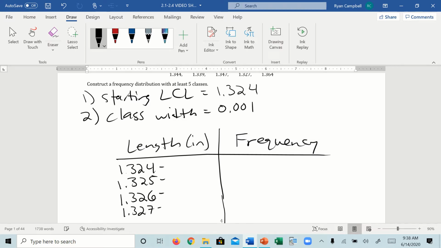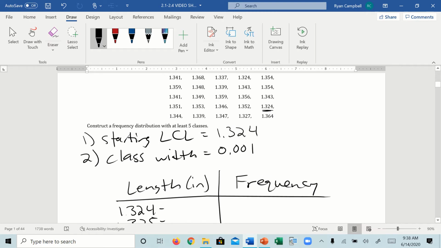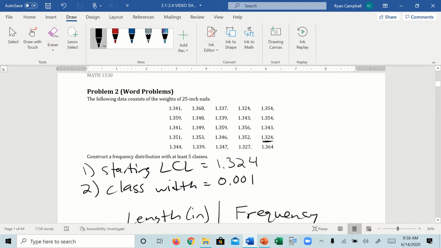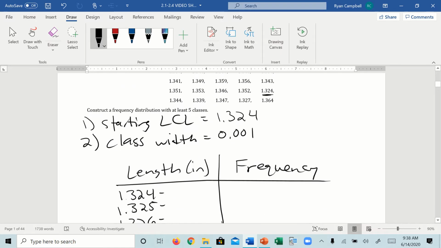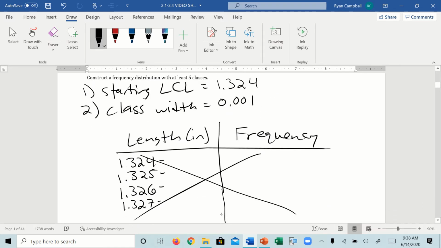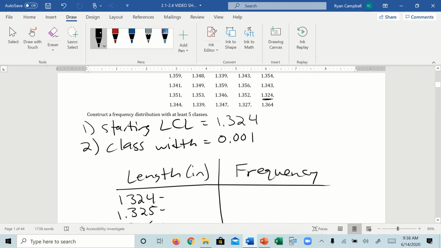And if you notice, this is going to take forever. We're going to have way more than 5 classes. We're going to have one for every single one of these basically, and even more than that. So that also is not something that we want, right? We don't want only 1 class. And we don't want each of the values to have their own class. So apart from that, you just do whatever.